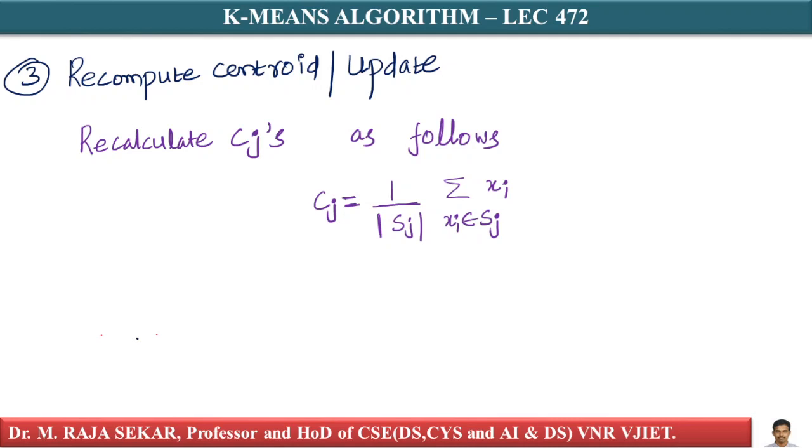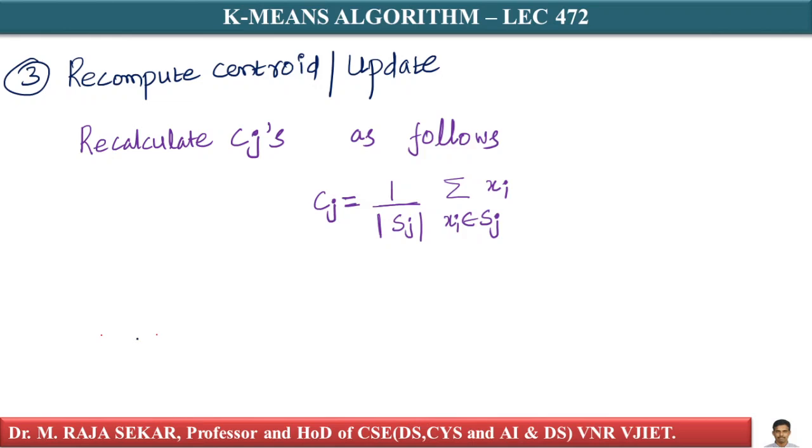So, what happens at the end of step 2? Each of your points is assigned to a set Sj. Now you take each of these sets. This is like computing an average, a mean data point, or the centroid point. It is called a centroid because you are computing the average point.